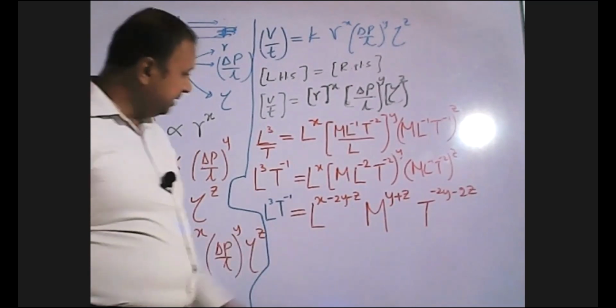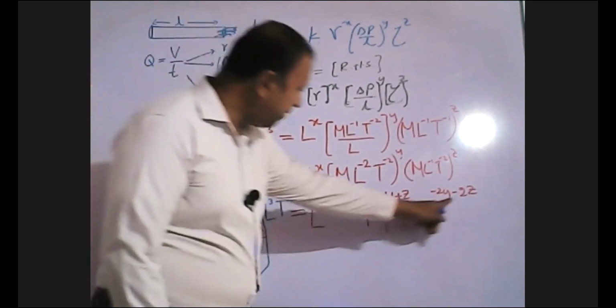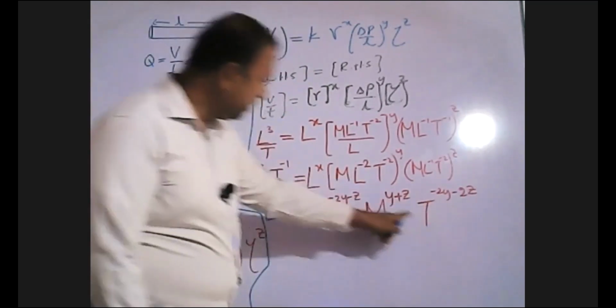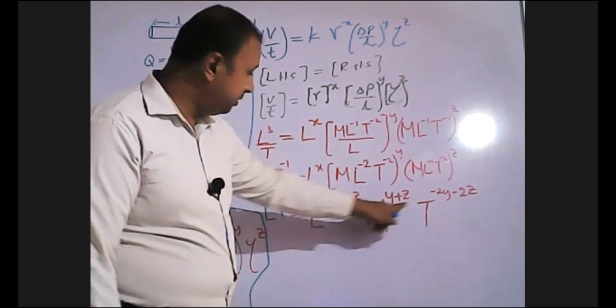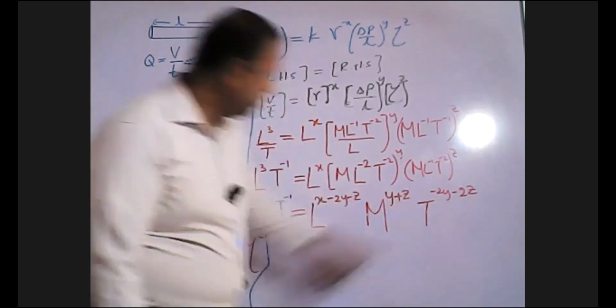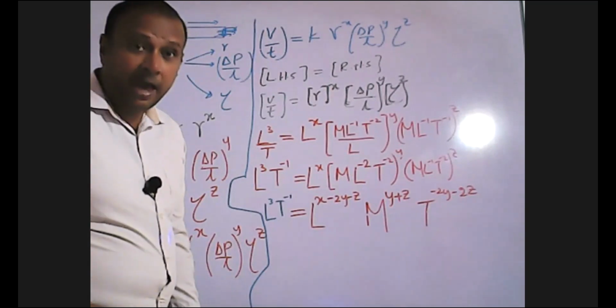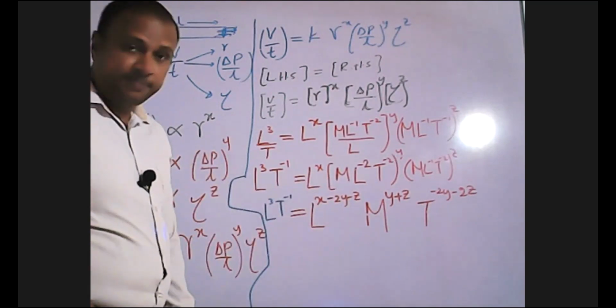I think it is easy to equate the power of M and the power of T, because they contain only Y and Z. So if you want to find Y and Z, you have to have two simultaneous equations.